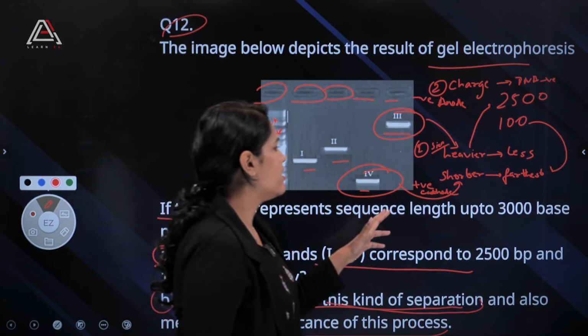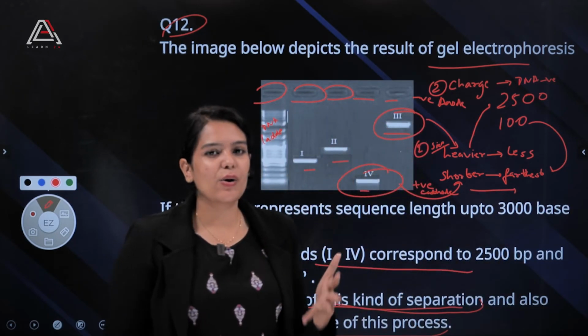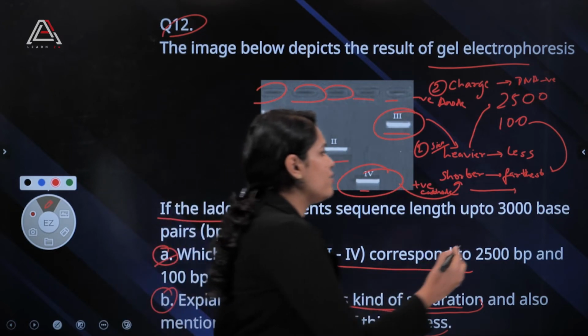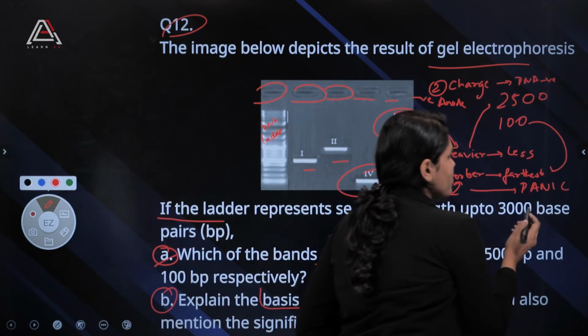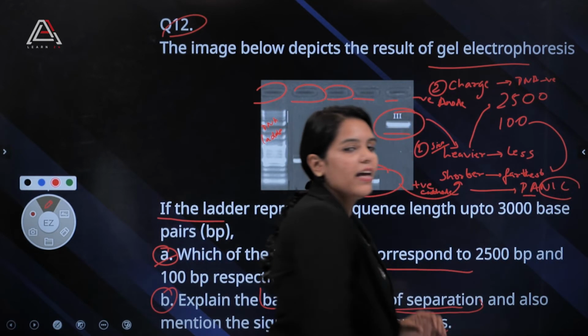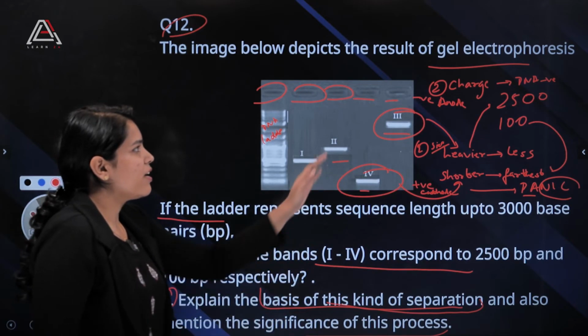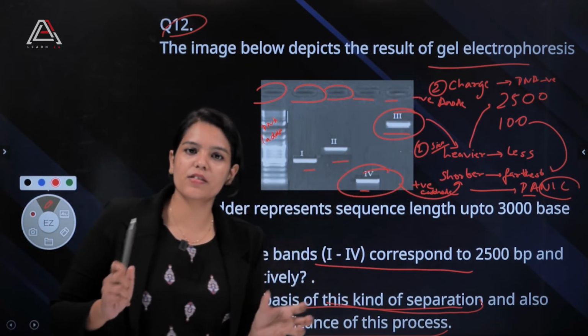Just a simple trick to remember which one is anode and which one is cathode: remember the word PANIC. The positive one is the anode and the negative one is the cathode, right? Clear? So explain the basis of separation with the help of size and charge.